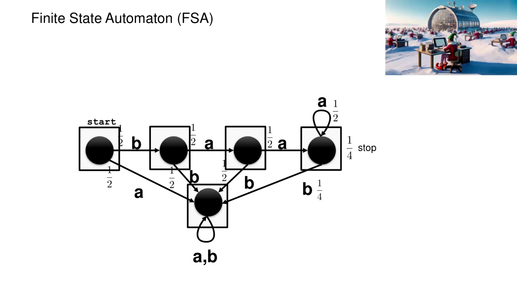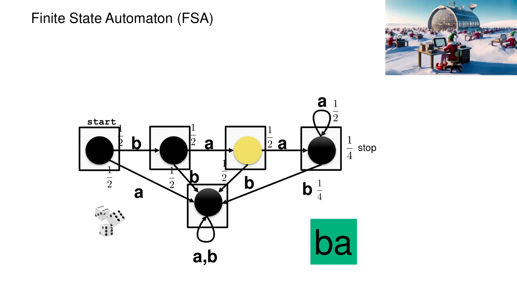Well, I can add some probabilities for the state transition. If I add a probability, and then I just toss a coin every time. I toss a coin, maybe B, maybe A, with probability 1/2 every time, or I use dice if you prefer. And then, so for example, here, with probability of 1/2, I get B. With the probability of 1/2, I get A. With the probability of 1/2, I get A. And then, bam.